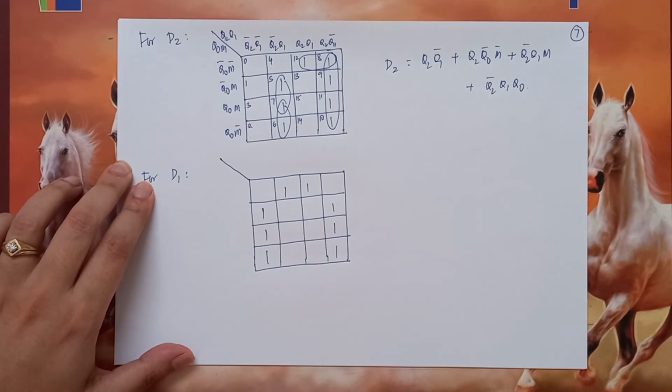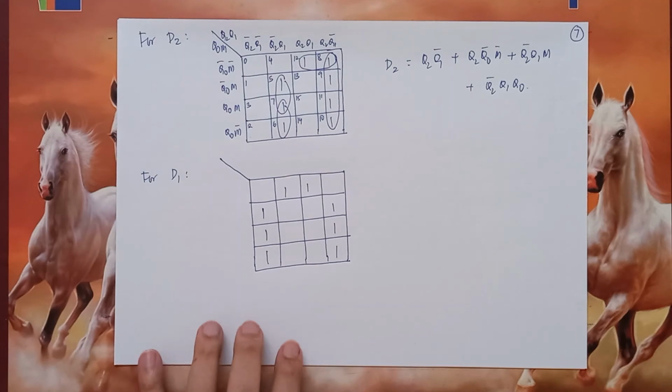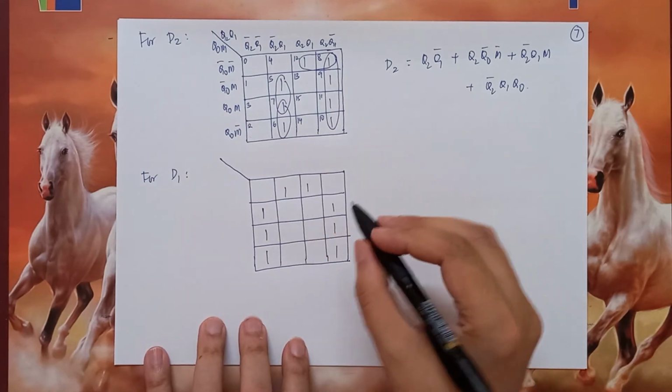Something of this kind. So now the grouping can be made this way.